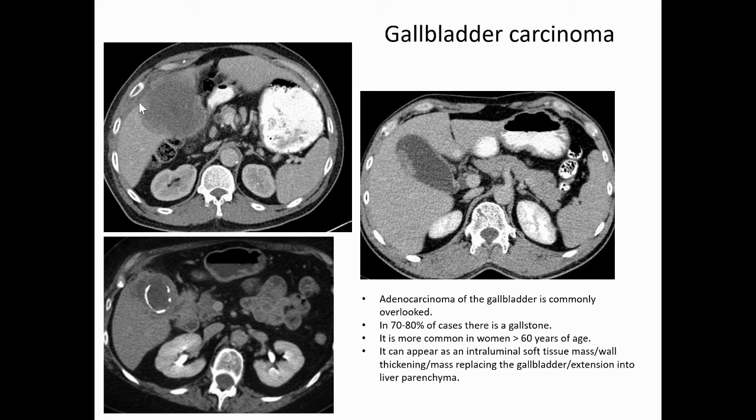So these are usually large masses that form and replace the gallbladder, or you can see uneven wall thickening that gradually eats its way into the liver. You can see that the original wall of the gallbladder contains this eggshell type of calcification.